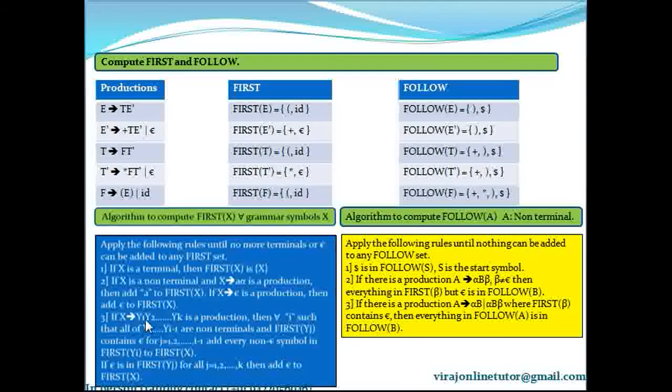If first of y2 also contains epsilon, then compute first of y3. Put all the items in first of y3 into first of x. If first of y3 contains epsilon, then you keep on going ahead. Only if first of a particular y contains epsilon do you go ahead. You stop going ahead when first of yi does not contain epsilon.